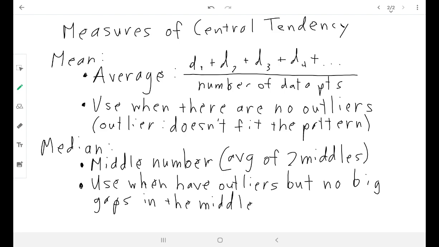And when we're doing this, we have to put them in order, usually from least to greatest, but that doesn't really matter as long as they're in order. So that's when you would use the median.